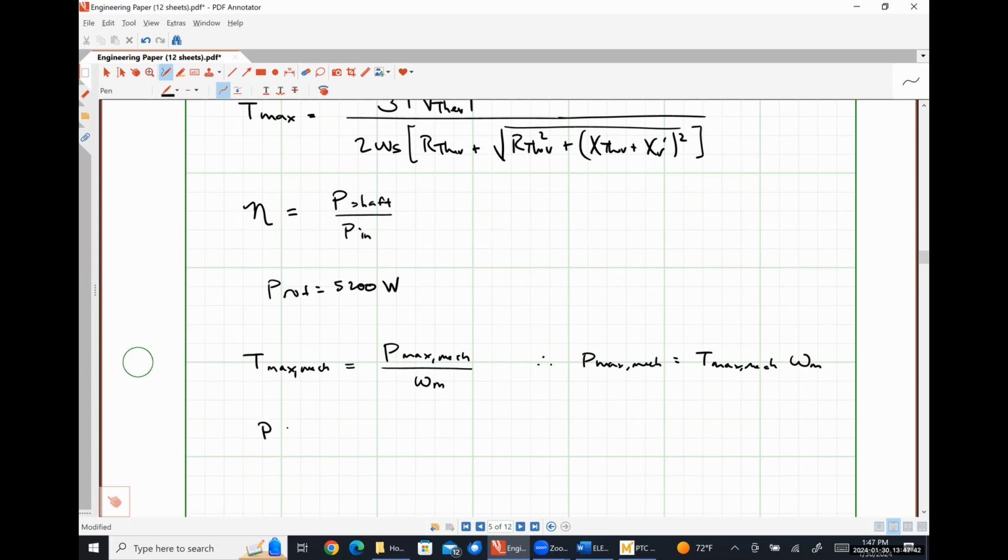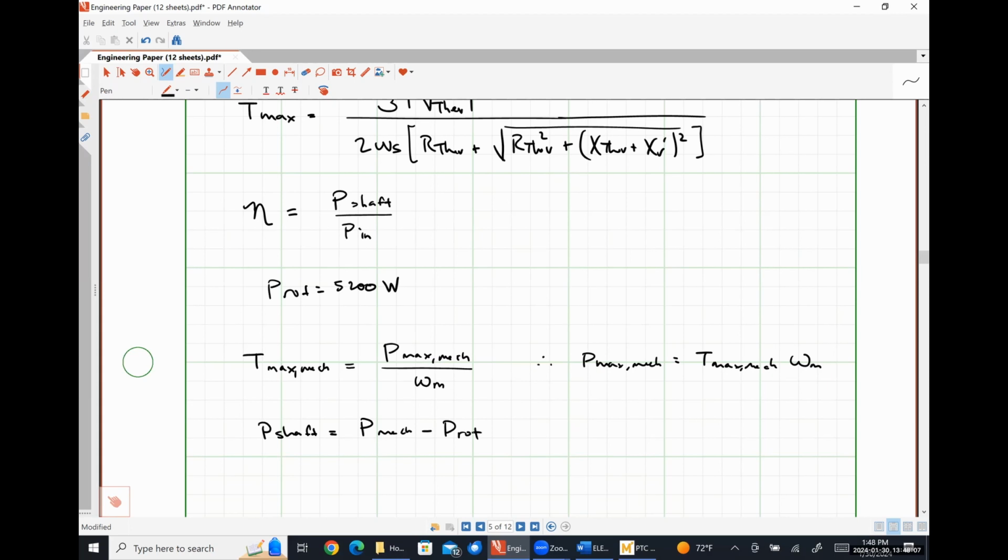The power delivered to our shaft is just our mechanical power minus our rotational losses. So that's what's going to allow us to calculate P shaft.